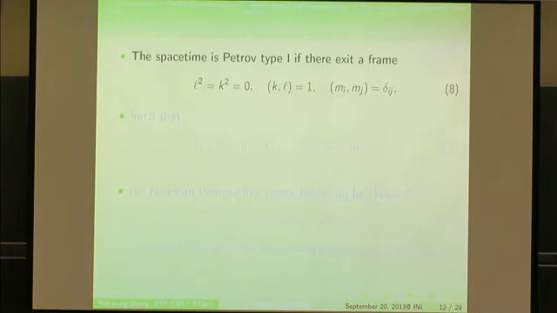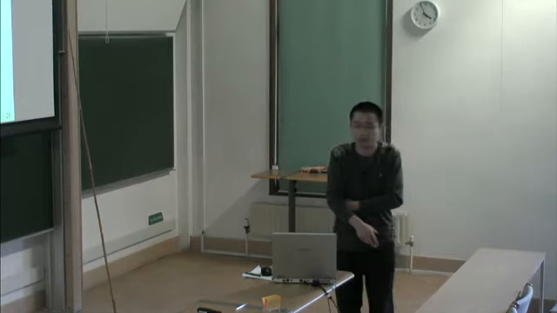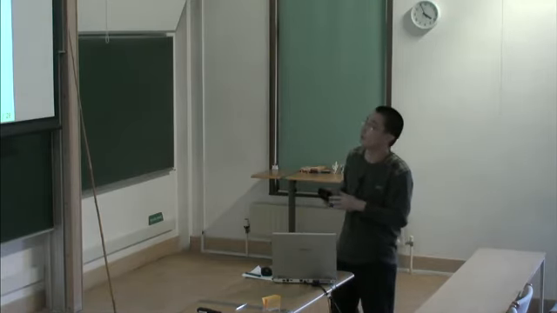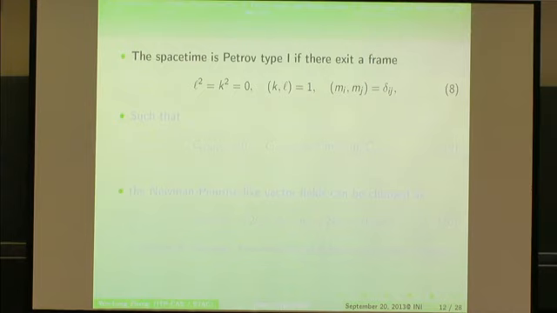To set up a Newman-Penrose tetrad, vectors are chosen, and l and k are the null vectors, and the m are the spatial vectors. Actually, Petrov type I was first only defined in the 4-dimensional space, and the m and m-bar are complex vectors. While it was generalized to higher dimensions in such a formula.